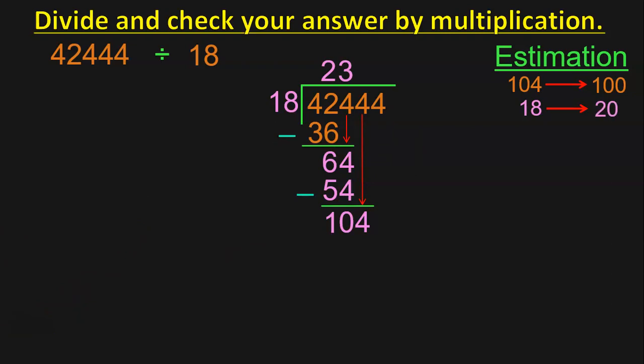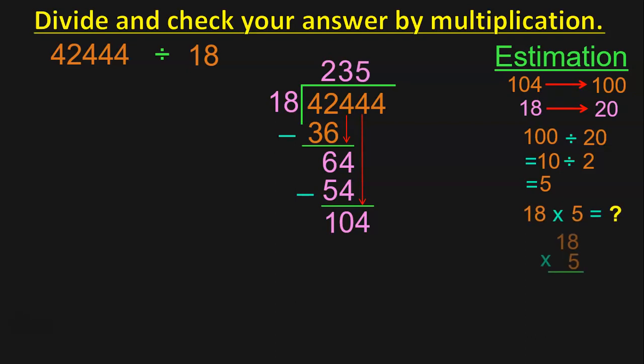What is 100 divided by 20? 10 divided by 2, which is nothing but 5. So let us see if the quotient 5 will be correct. 18 into 5. 5 8s are 40, 0 carry over 4, 5 1s are 5, 5 plus 4 is 9. So getting the answer to be 90. What is the remainder? 104 minus 90 will give you 14.